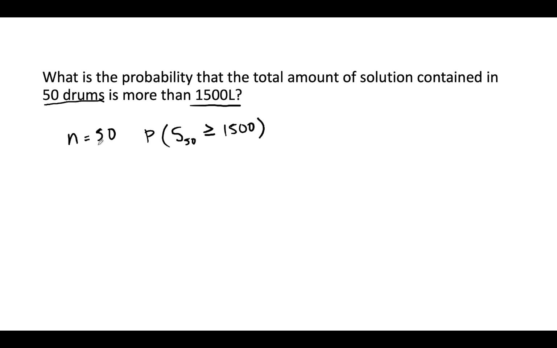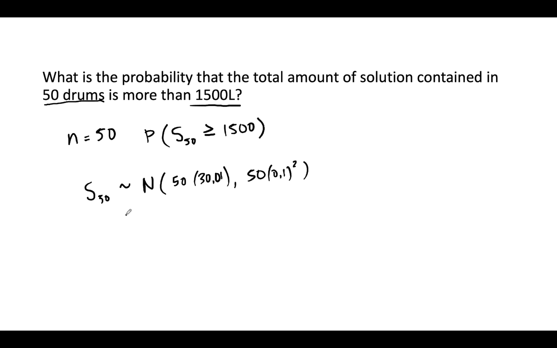Okay, so now we have 50 for n, and now we can complete that equation that we had from the other slide. S of 50 is approximately normal with mean 50 times 30.01, and variance 50 times 0.1 squared.